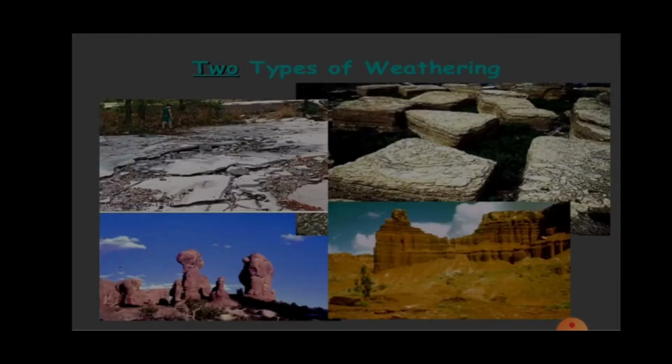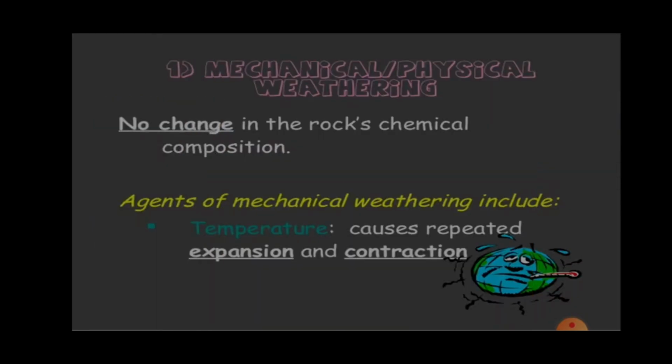So the next one is, there are two types of weathering, the mechanical weathering and chemical weathering. So the first one is the mechanical or physical weathering. Mechanical weathering, also called physical weathering, breaks rocks into smaller pieces.